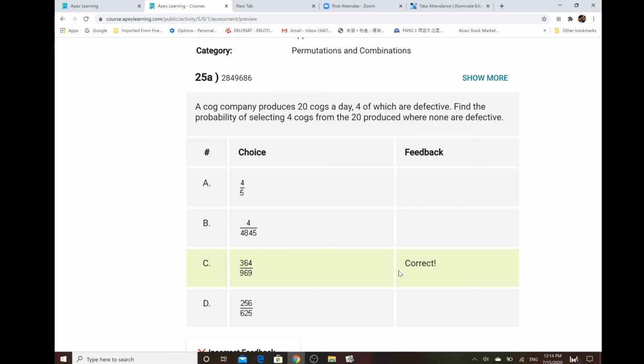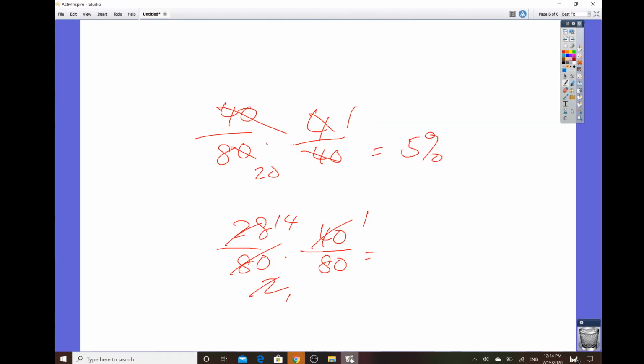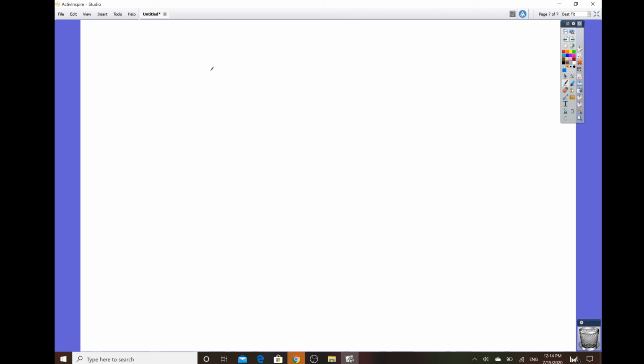So let me show you the formula for combination and permutation. For the combination formula, let's say that we have n choose r. Then that'll be n factorial over r factorial times the quantity of n minus r factorial.